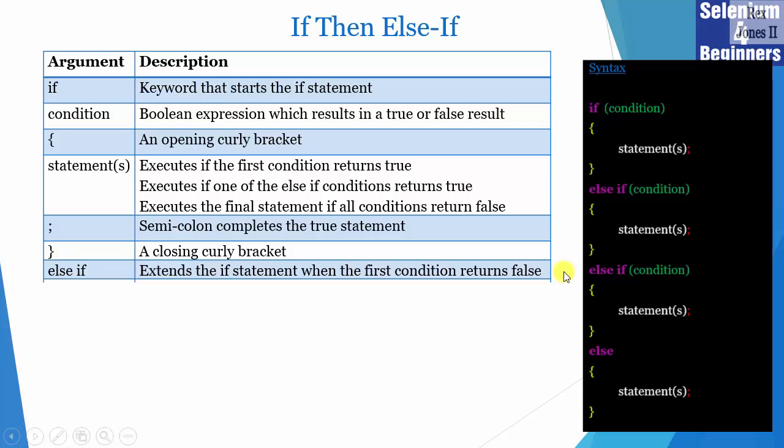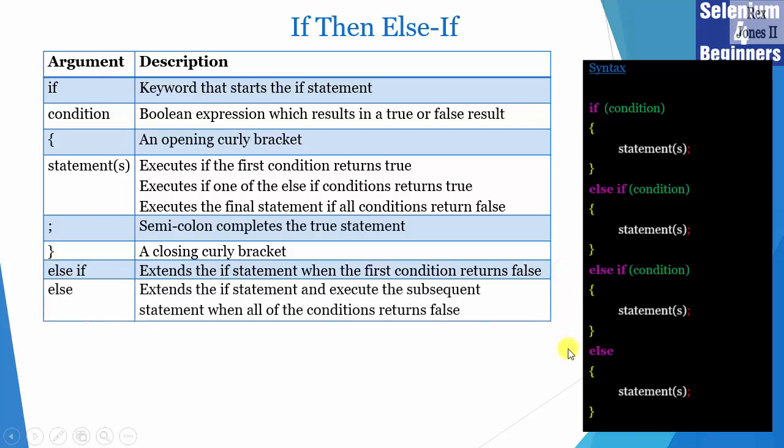As soon as a true condition is found, the statement associated with that true condition is executed, and the remaining conditions are not evaluated. If there are no true conditions, then the else statement is automatically executed.